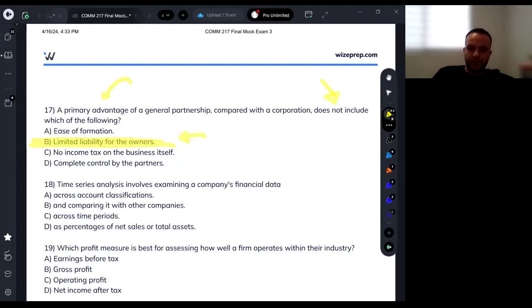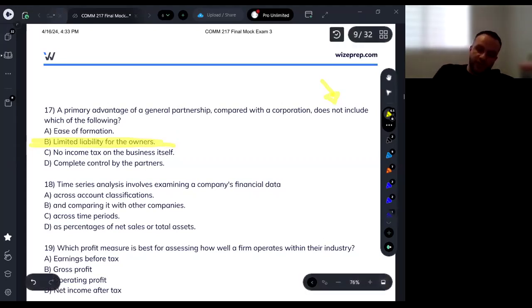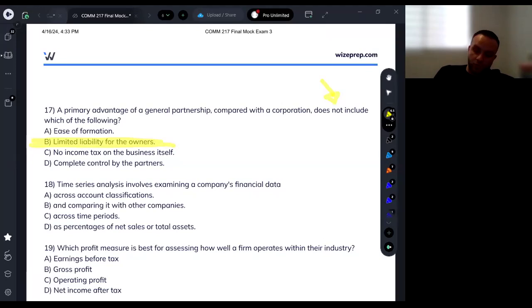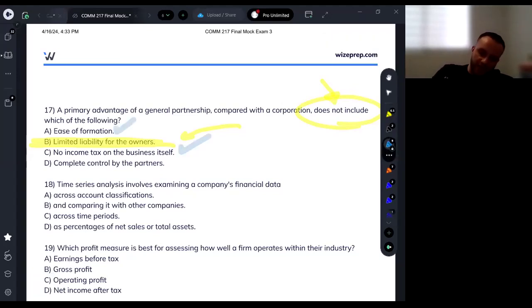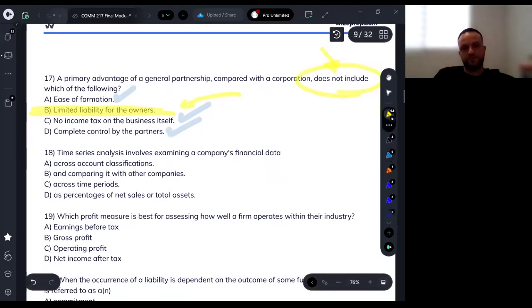It's a play on the words here. An advantage of a partnership compared to a corp: it doesn't have limited liability. It's tricky here. The partners, it's very easy to form, there is no income tax on the business, and they have complete control. But it doesn't have limited liability.